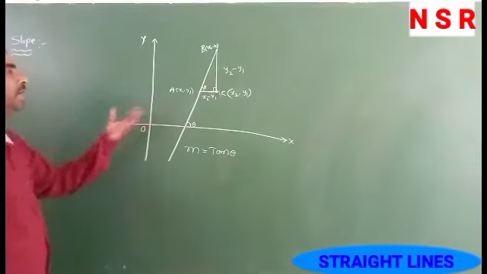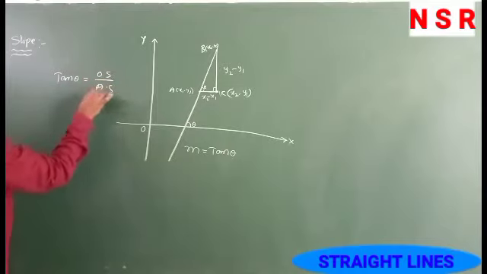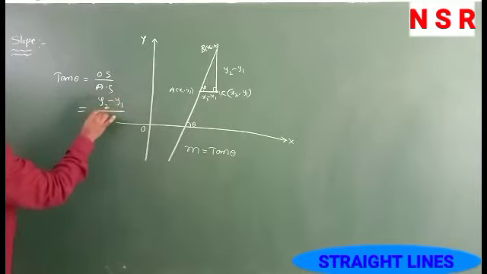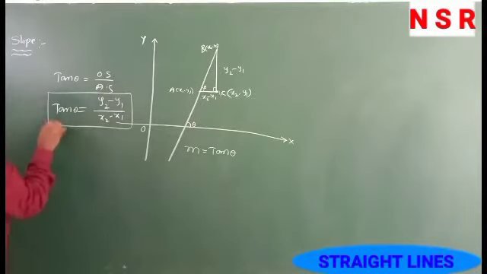So apply here tan theta. Tan theta equals opposite side by adjacent side. Here opposite side is y2 minus y1 and adjacent side is x2 minus x1. So tan theta equal to m, so tan theta means m.